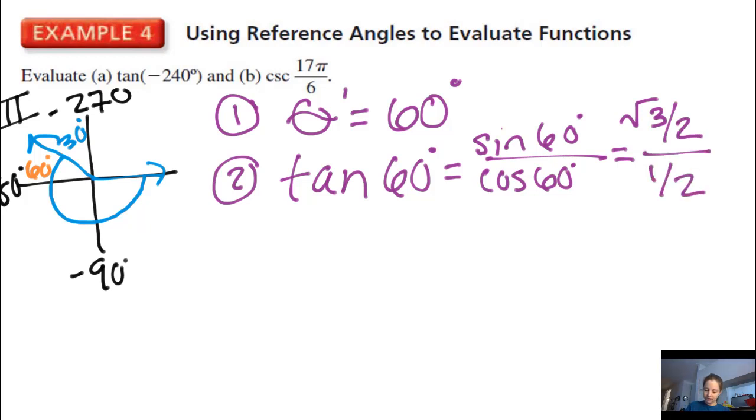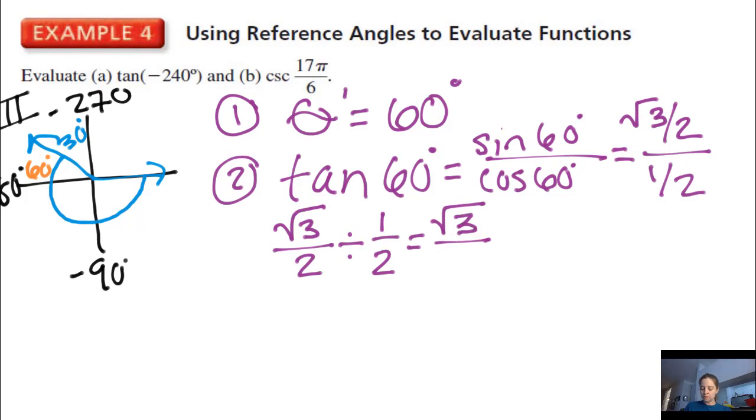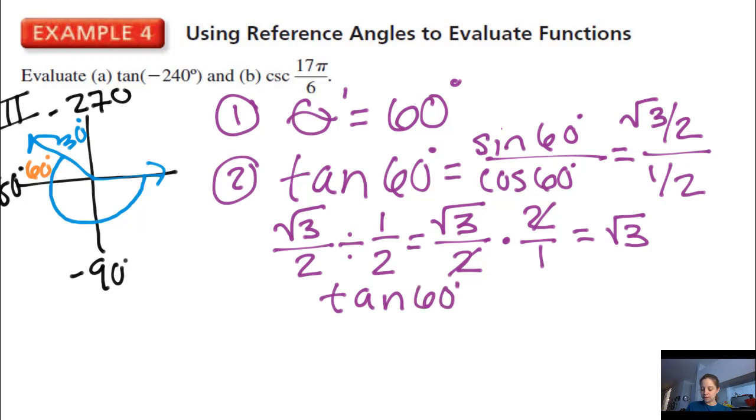Let me rewrite this as a division problem: radical 3 over 2 divided by 1/2. Now I'll rewrite as a multiplication: radical 3 over 2 times the reciprocal, which would be 2 over 1. It's radical 3. So the tangent of 60 degrees is radical 3.